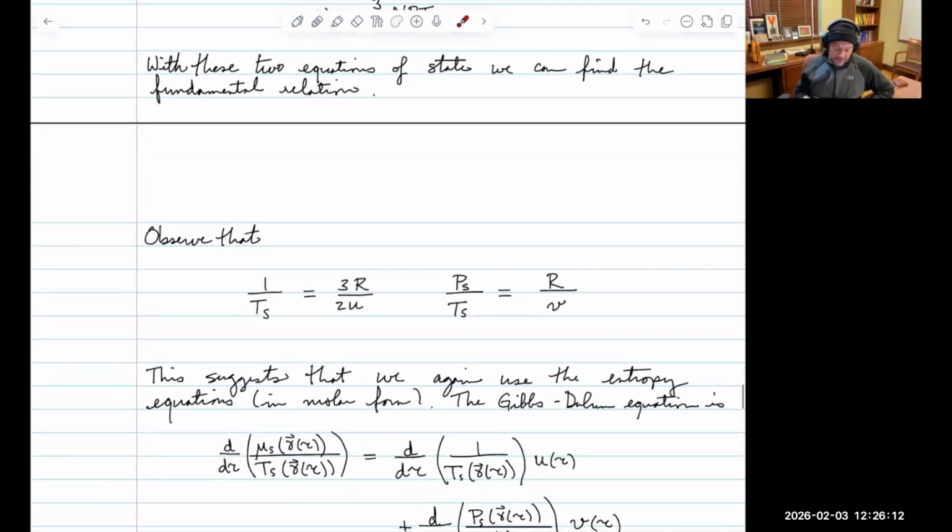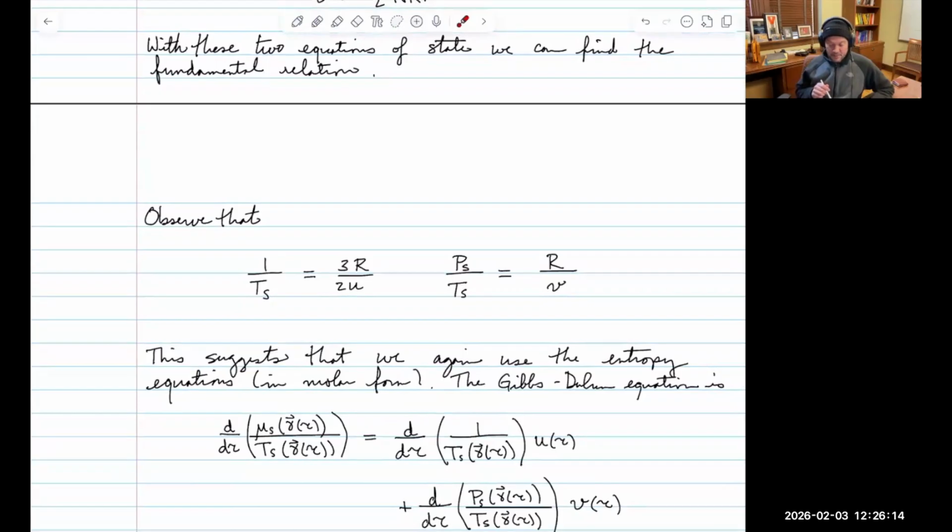By the way, when we start talking about statistical mechanics in lecture 9 or 10, we're also going to derive all the equations of state for the ideal gas law, but we're going to do that entirely from the point of view of statistical mechanics.